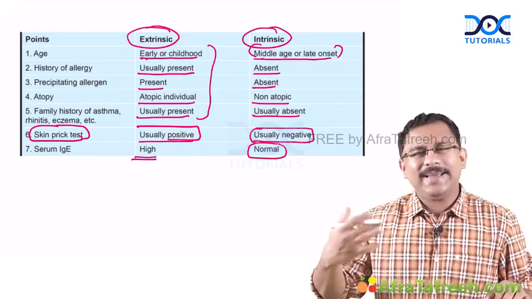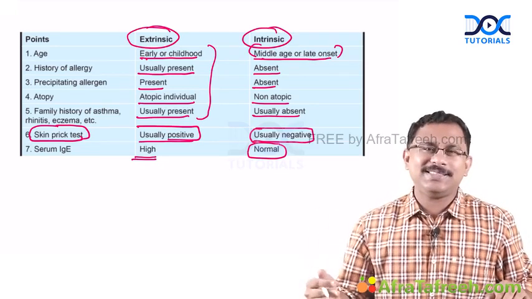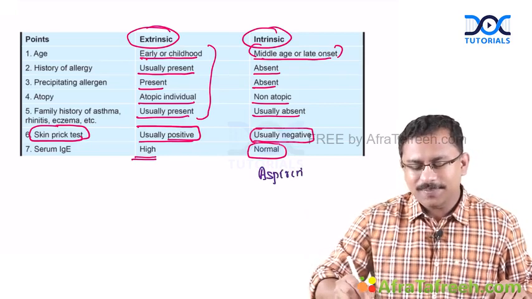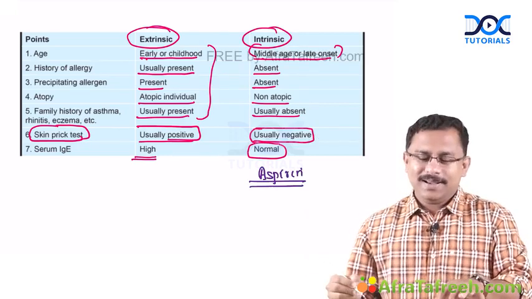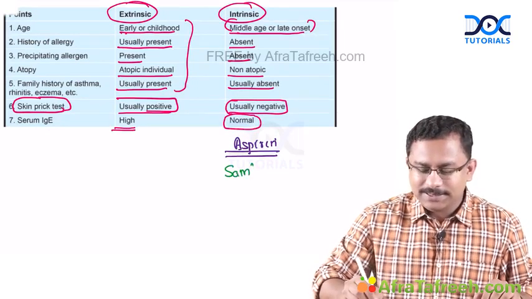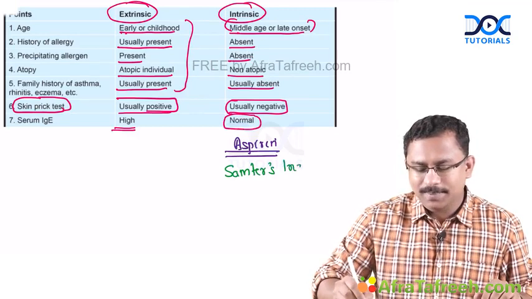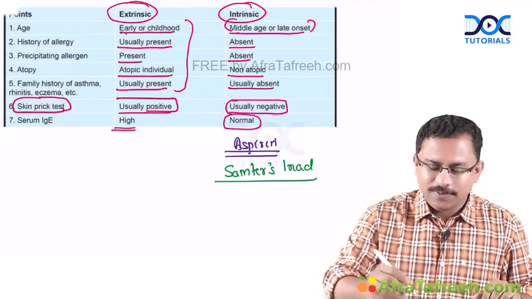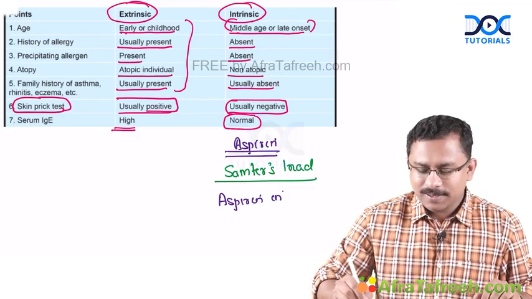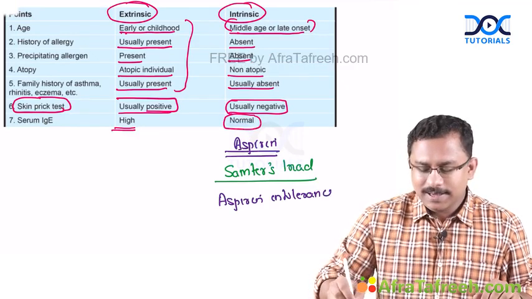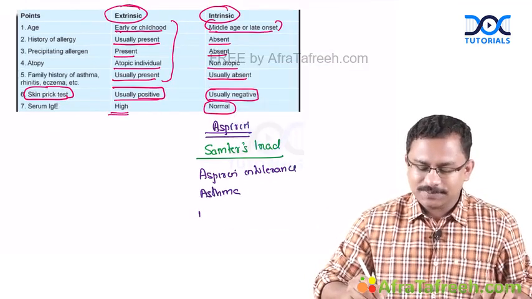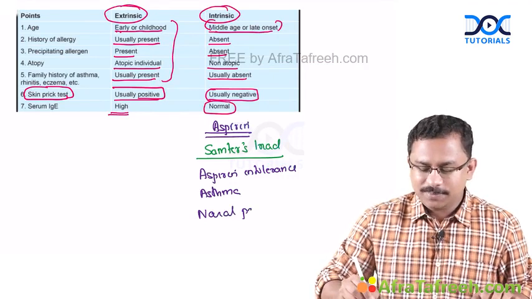So in intrinsic asthma, again, there may be certain triggers. Sometimes you might have aspirin as a trigger for intrinsic asthma. You might have heard of something known as Samter's triad, which stands for aspirin intolerance, asthma, and nasal polyps.